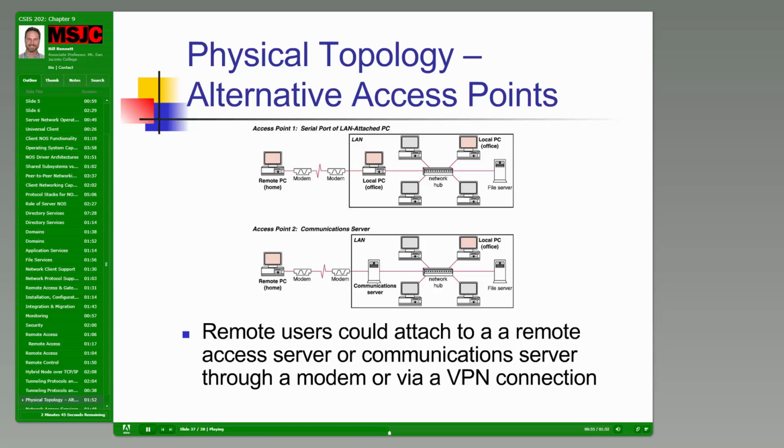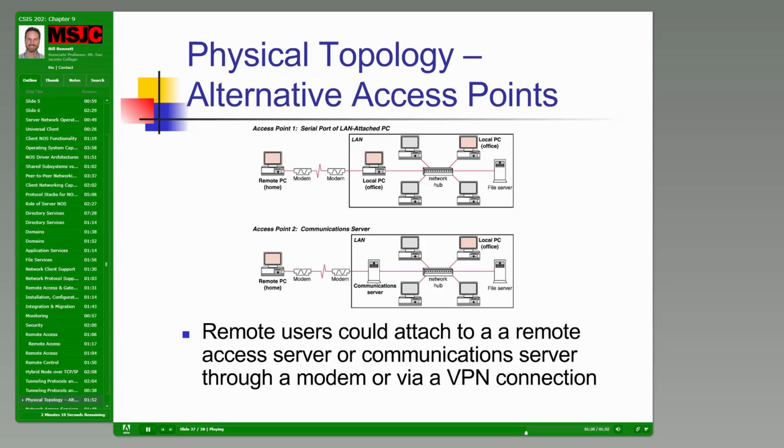So anyway, one way would be to connect to just a PC running a standard desktop operating system. Pretty much all of the Microsoft Windows operating systems from 95 on have had the ability to provide remote access services. So in other words, receive the connection from a remote system. And then going through the desktop computer and through the switch that it's attached to, it gains access to another resource in the network, in this case a local PC on that LAN, but it could be the file server that you see in the graphic there as well.